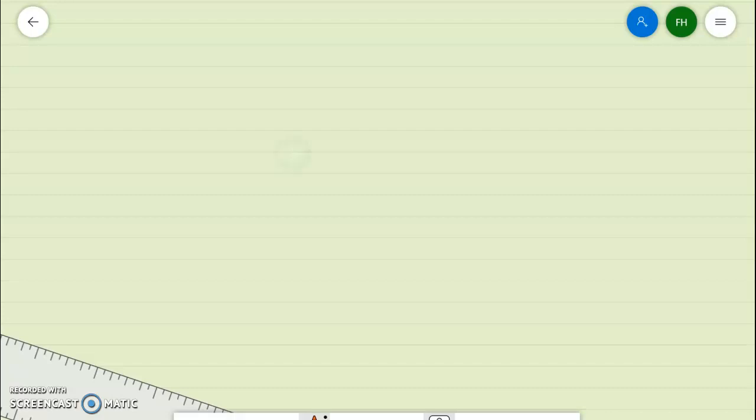Okay, this is number 13, and it says the circumference of a circle, so we're working with circumference. We know it is 41.8 feet, and we're trying to find the diameter. Remember, we have two formulas, pi times diameter, or 2 pi r.